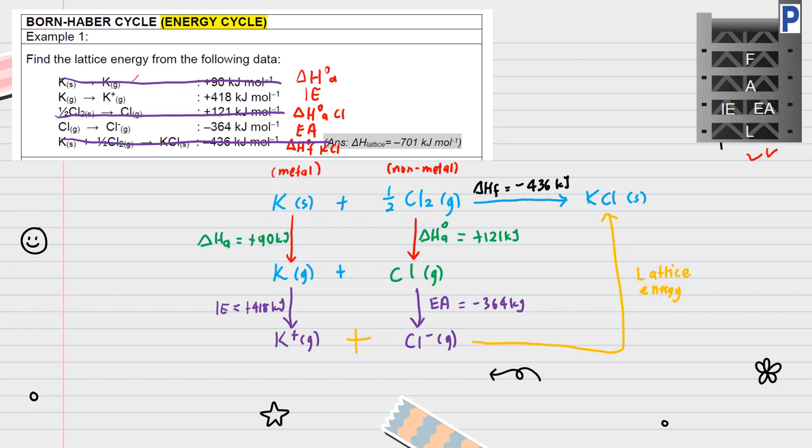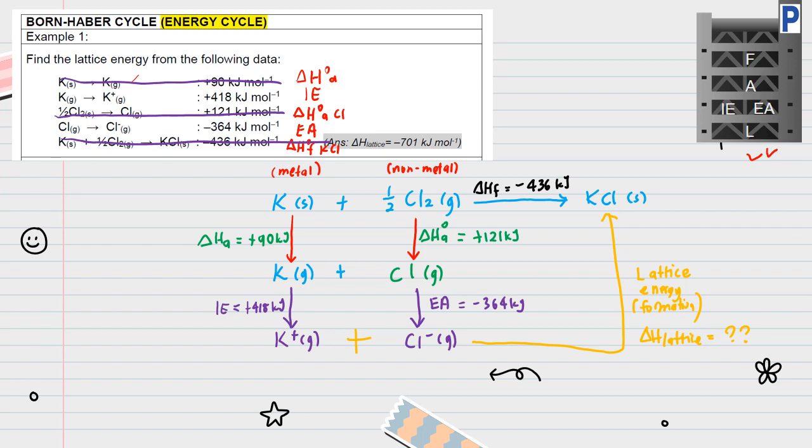So kalau you nampak, ini sebenarnya adalah lattice energy formation. Okay, sebab apa? Daripada gaseous ion bertukar menjadi ionic solid. Alright, so this lattice energy lah yang kita nak cari. Sebab soalan kata find the lattice energy. So dia minta you cari delta H lattice-nya berapa. Okay, so itu yang kita nak cari.